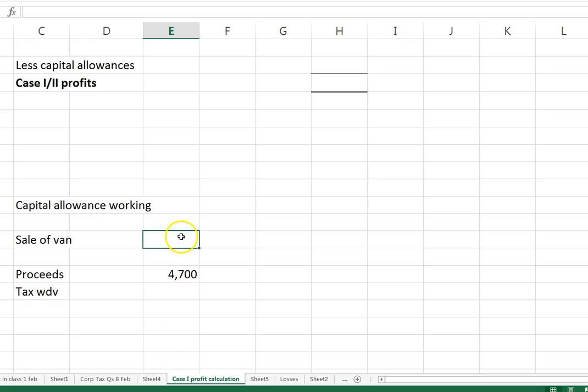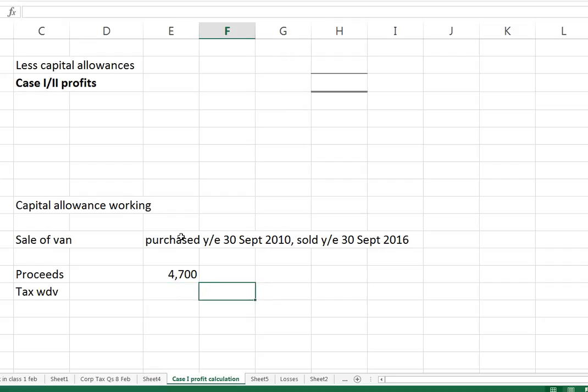So the van, and we're doing the year end 2016. So you get capital allowances in the year of purchase, but not in the year of sale. So from 2010 you would have got it in 2010, 11, 12, 13, 14, 15, 6 years.